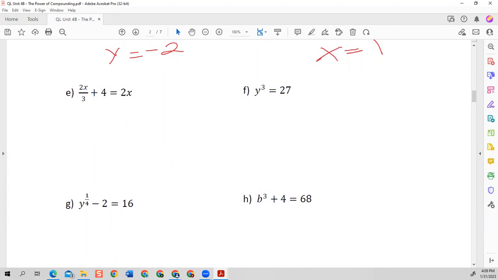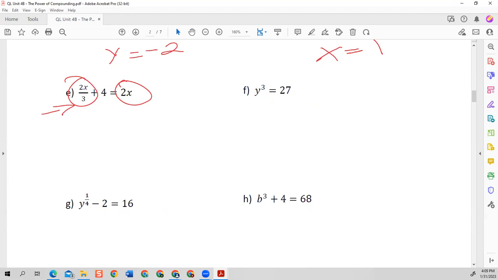So let's solve for this one. First things first, I see that I have this variable term and this variable term, and we need them both on the same side, right? We need to put them together if possible. Another thing is I see that this is a fraction. So to undo this fraction, because x is involved with the fraction, I have to undo the fraction.